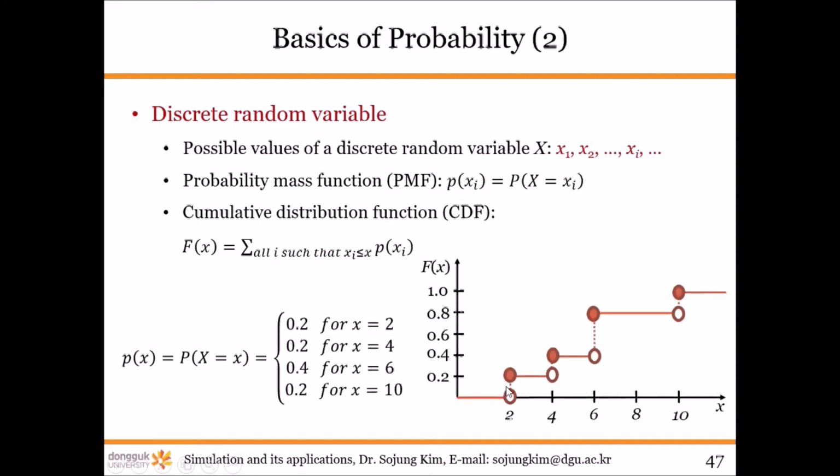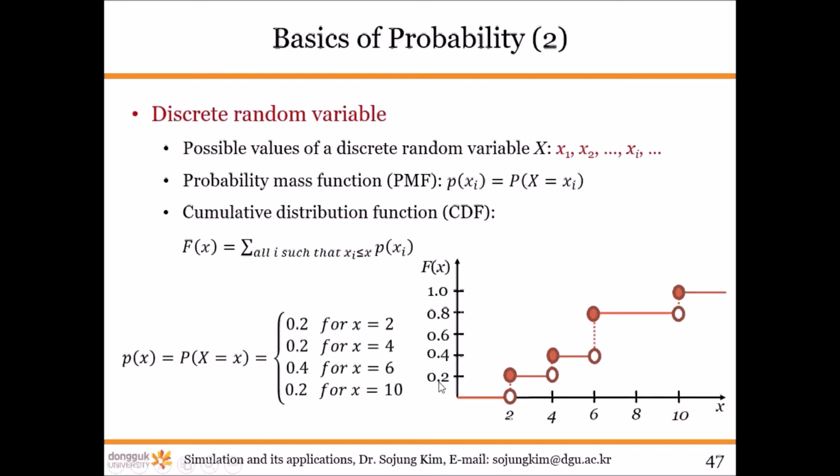Basically, for the CDF of this discrete random variable, we can have this kind of shape shown here. And as you know, we have 4 different values for x, 2, 4, 6, 10, and each case has the associated probability value, such as 0.2, 0.2, 0.4, 0.2, right?